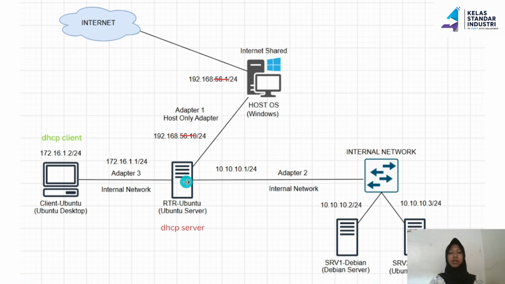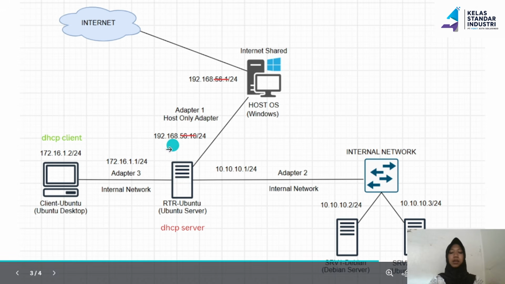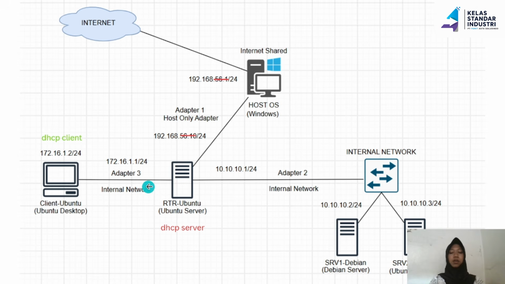In the previous lesson, we already configured the IP address on each virtual machine. Well, the IP address that we configured on those virtual machines we configured manually. In this DHCP lesson, later we will configure the IP address to become automatic, friend.